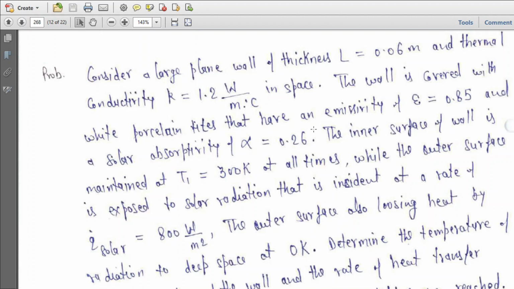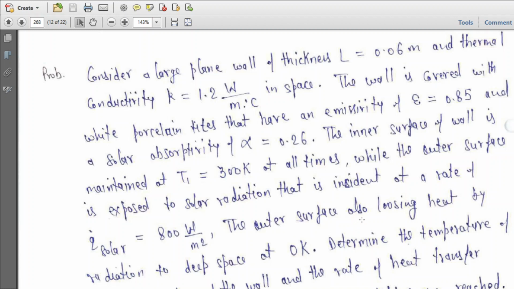The inner surface of the wall is maintained at T1 equal to 300 Kelvin at all times, while the outer surface is exposed to solar radiation that is incident at the rate of q dot solar equal to 800 watt per meter square.